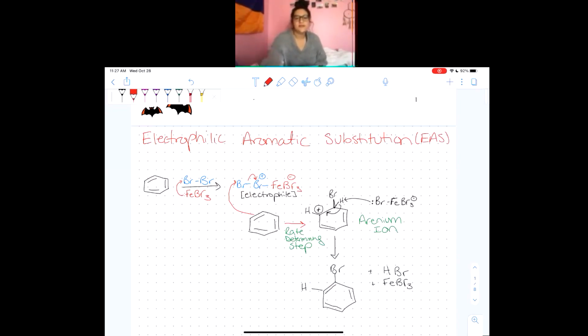And specifically, this mechanism is called a halogenation. So electrophilic aromatic substitution is the more broad name for all of these reactions. This one specifically is called a halogenation.